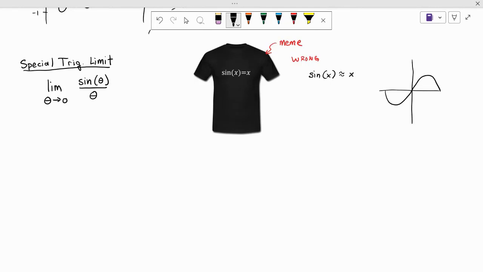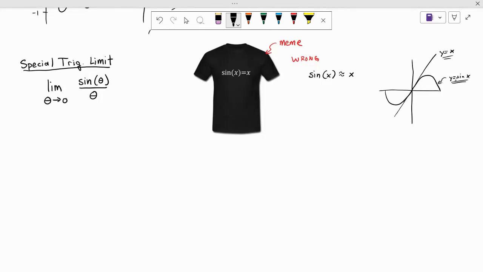Well, here's a period of sine, here's the graph. And also we can draw the line y equals x. So in this picture, when is sine of x approximately equal to x? What would x have to be close to? When does the line y equals x give you approximately the same thing as y equals sine of x?